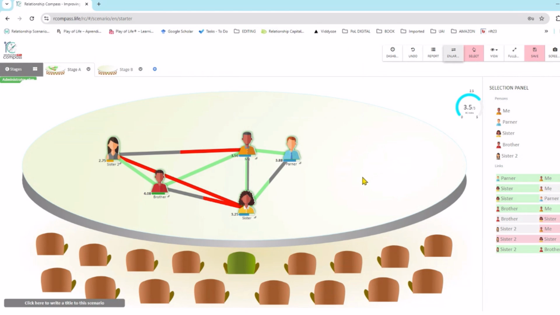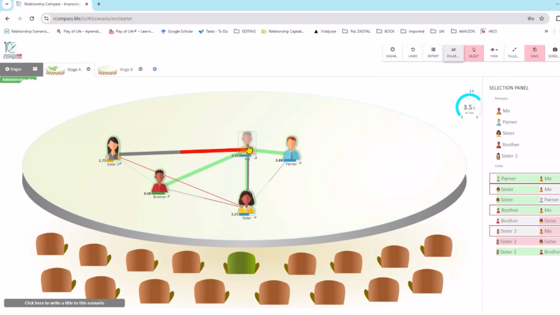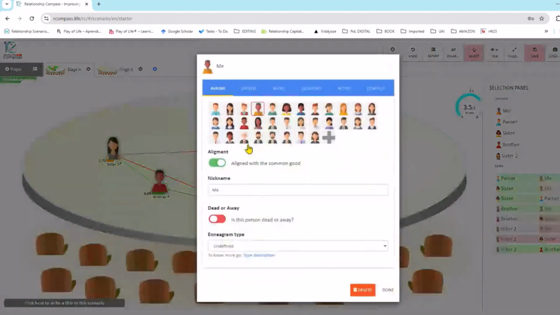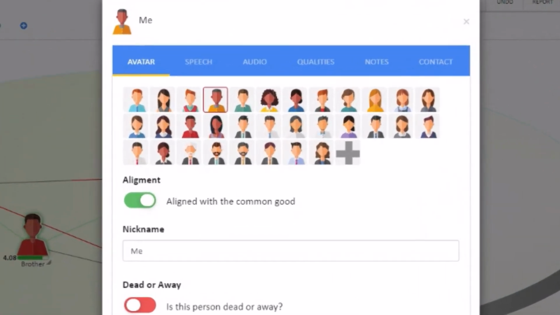Okay. Now, this is a family system, a social atom in the family system. How interested are you? I click here, and we have the word alignment. Alignment says, I really want for this family to work together, or I'm not interested at all, or I don't care.